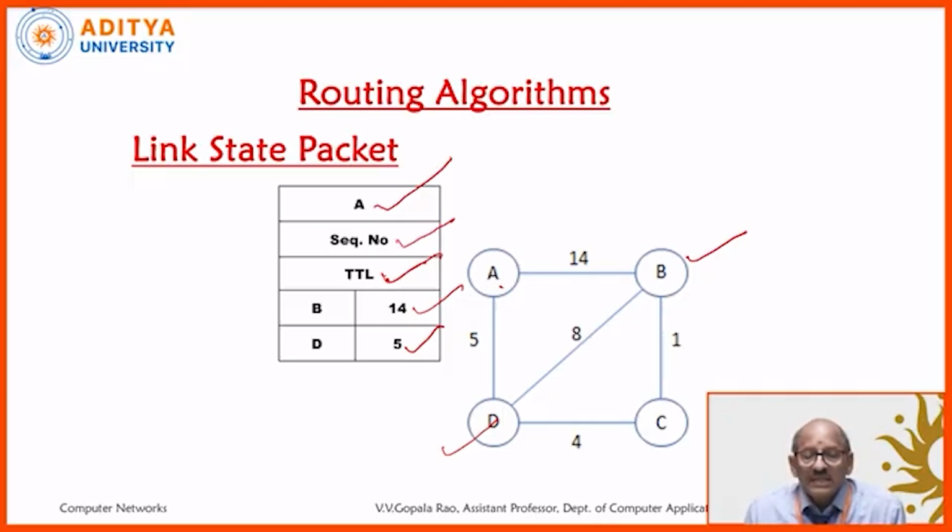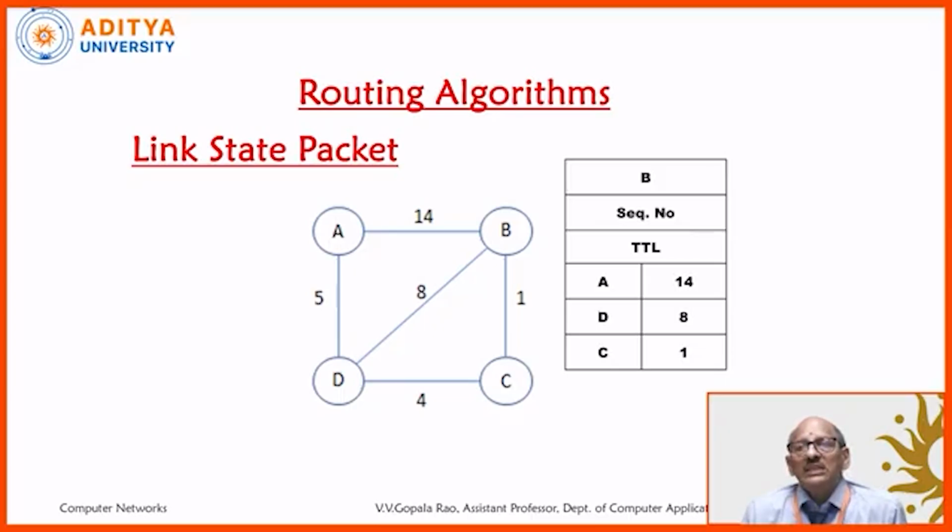From this link state packet, what can you understand? The name of the router, the number of the packet, how many hops it is expected to travel, which are the neighboring routers, and what is the cost to those neighboring routers from the current node. This is the information that will be maintained by all the routers, as I am showing in the next slide.